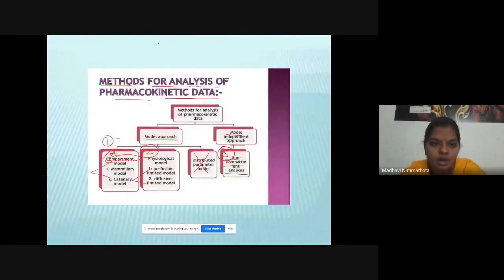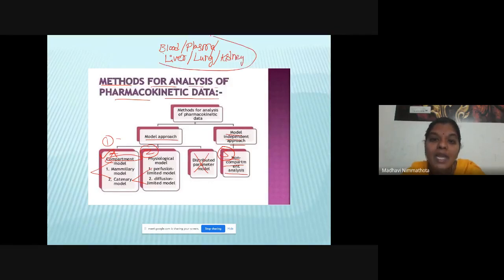See here, suppose your compartment is blood or plasma, or liver, or lung, or kidney. You just assume all these are highly perfused tissues. All these highly perfused tissues will be in the central compartment. Blood or plasma or liver, lungs or kidney are all highly perfused tissues.